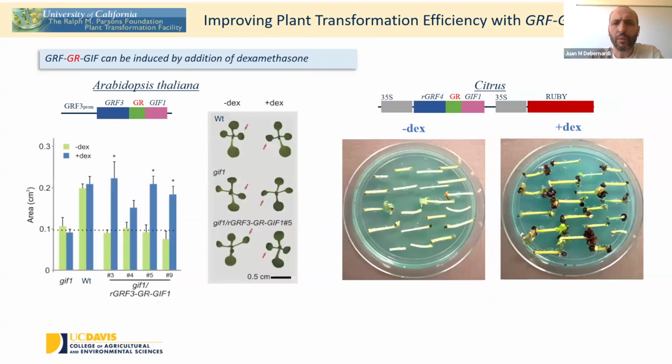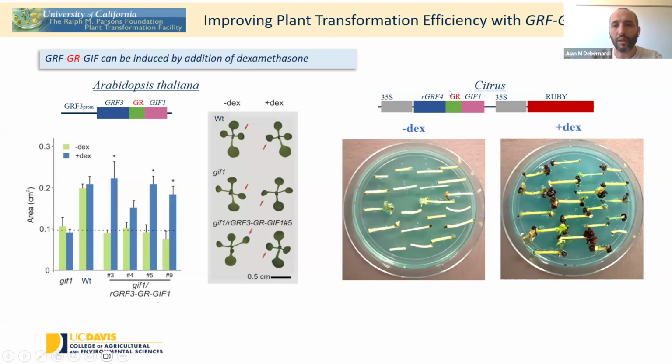And finally, I want to show this tool, because some people ask me, what happens if I want to have GRF only active during the tissue culture and I don't want to have GRF active later? So there are tools to control GRF activity. For example, this is a dexamethasone-inducible version that we validated in Arabidopsis, and we also have the tool working in citrus and in other crops.